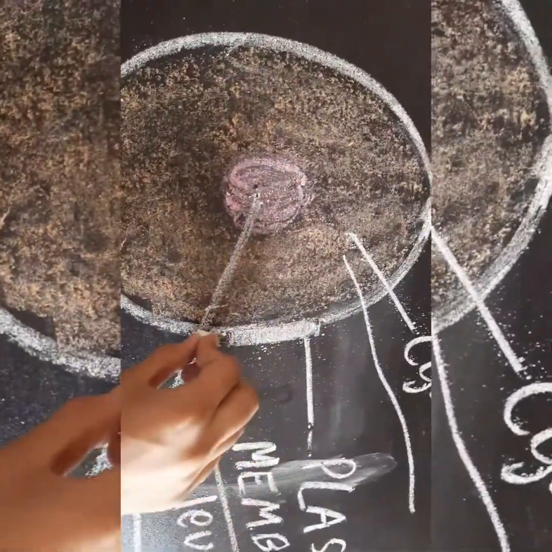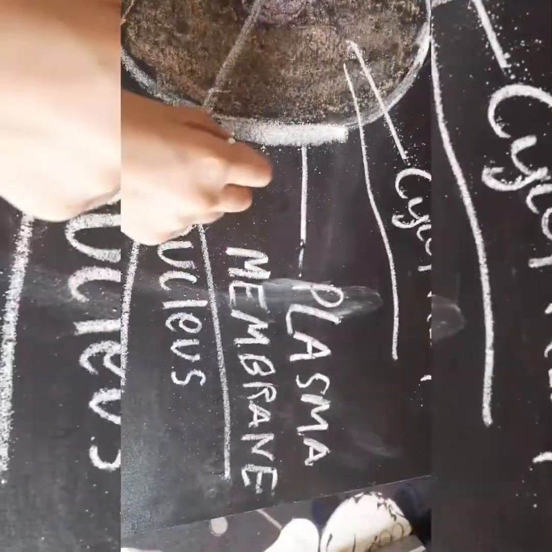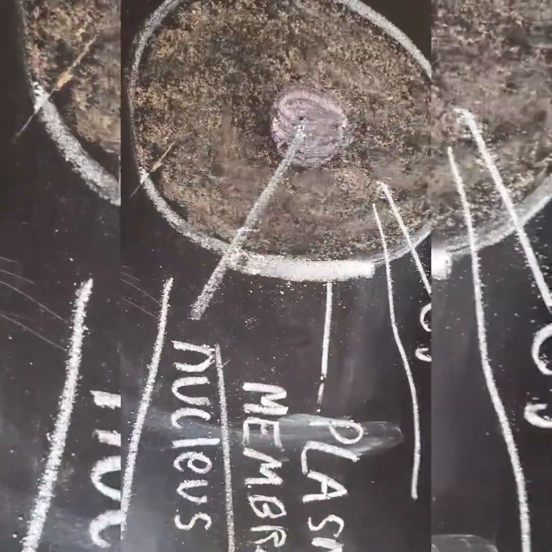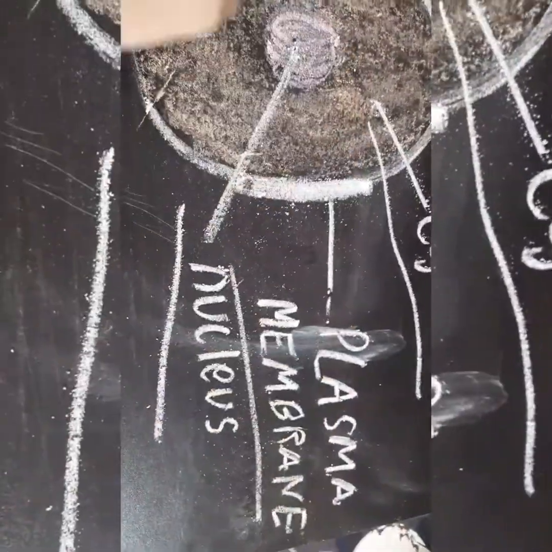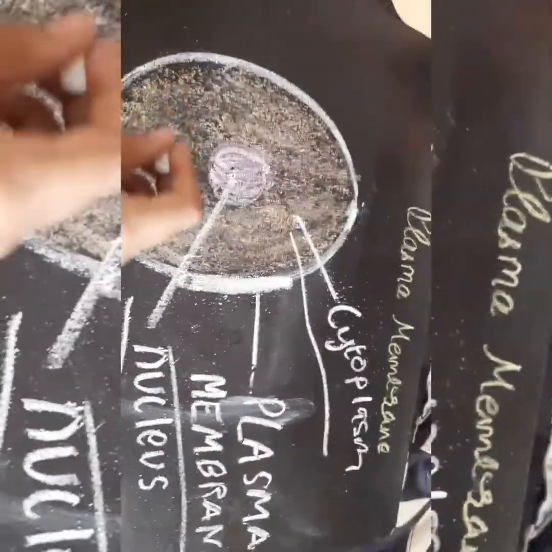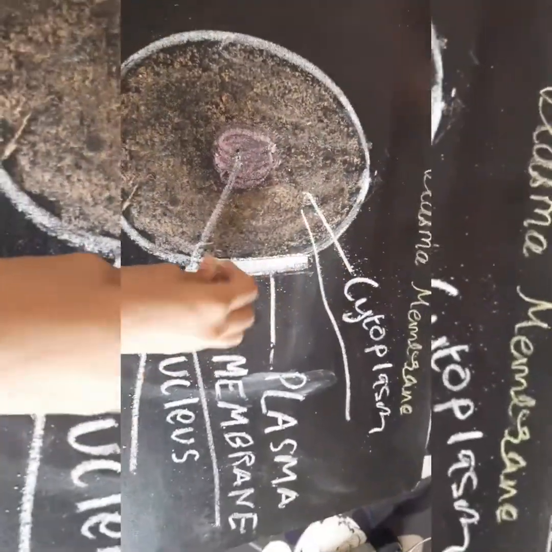In animal cell, the plasma membrane is the outermost layer, whereas in plant cell it is below the cell wall, because in plant cell the cell wall is the outer layer. So now we know where the plasma membrane is located in animal cell and plant cell.